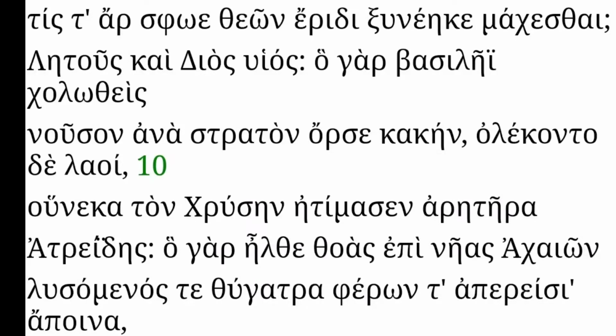Lusomenos te thugatra pherōn te apereisi apoina. Seeking to free, seeking to be about to free his daughter, and to carry apereisia apoina, the alpha left off to allow it to fit in the meter. Apereisi, so countless gifts or things intended to trade for what he wants done, which is his daughter to be freed.